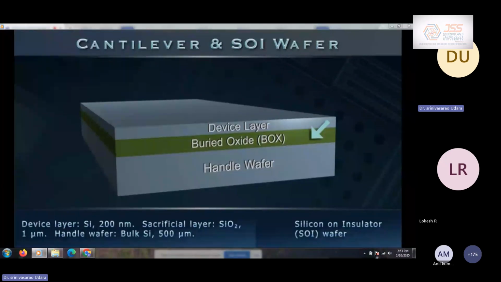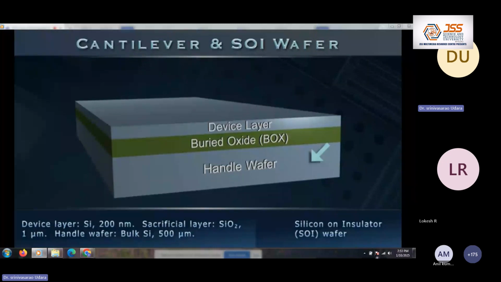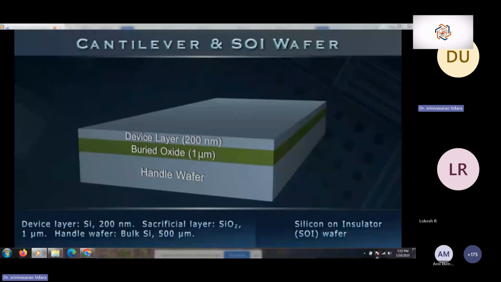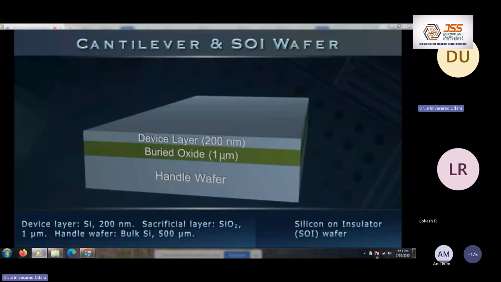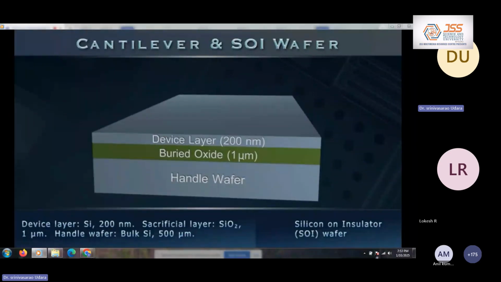This electrically insulating intermediate layer is selectively etched. At the bottom, a support wafer or handle of bulk silicon. Our SOI wafer has a 1 micron thick silicon dioxide layer buried under 200 nanometers of silicon layer.